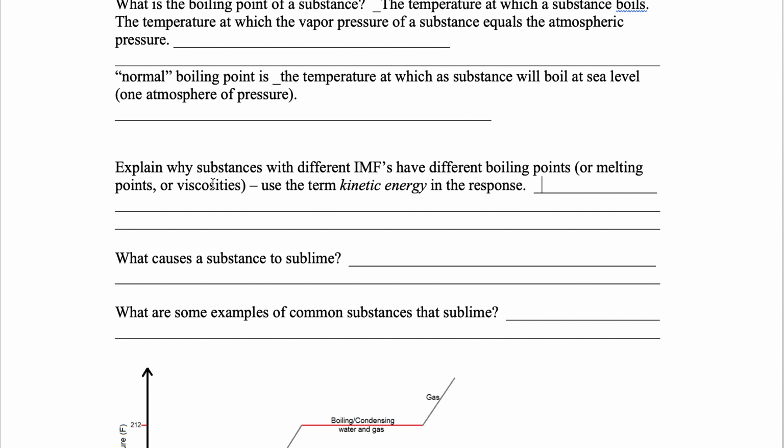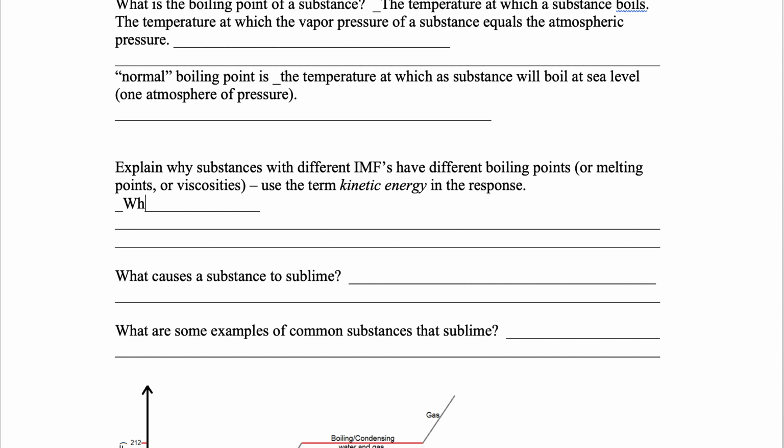Likewise, when melting, the particles of the solid begin to gain more and more kinetic energy, and they start to vibrate more and more and bump into one another more and more. And when they gain enough kinetic energy to overcome the intermolecular forces holding them as a solid, they begin to turn into a liquid.